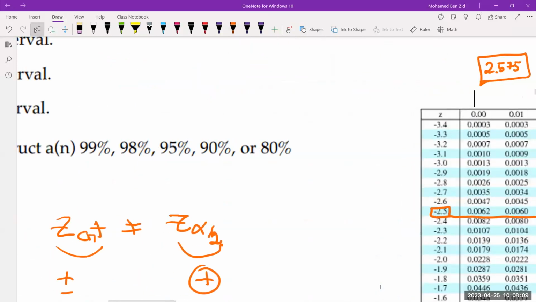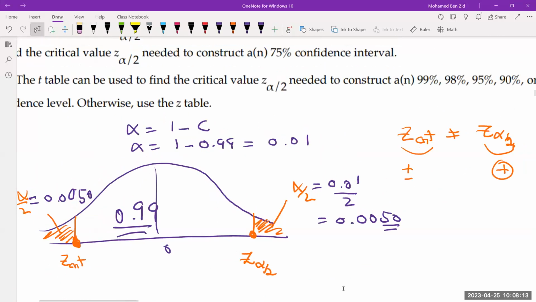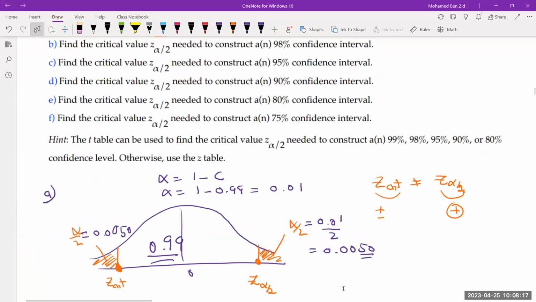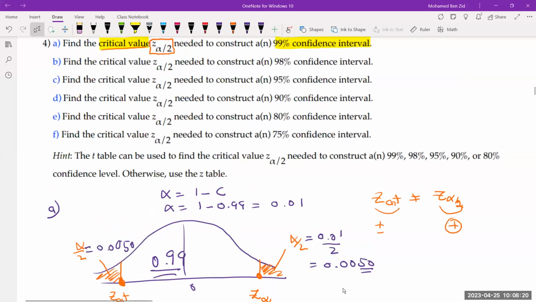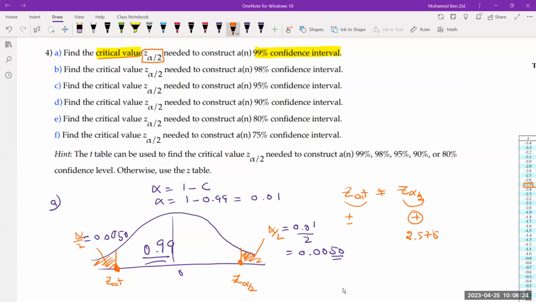And that's basically it. So right now, going back to Z alpha over 2, if they are looking for Z alpha over 2, it's going to be 2.575, and it has to be positive. If they are looking for critical values, you're going to be plus or minus 2.575.